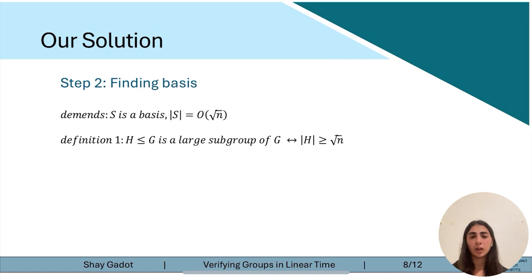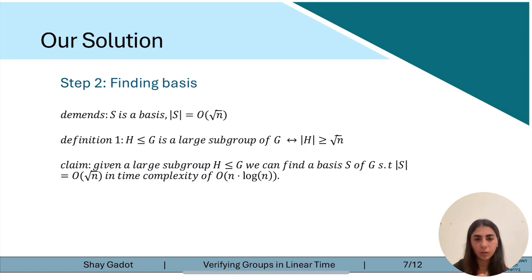Okay, we're now going to reduce the problem of finding a basis to finding a large subgroup. So, assuming we have a large subgroup H of G, we can find a basis S of G such that the size of it is O of square root of n, in time complexity of O(n log n).